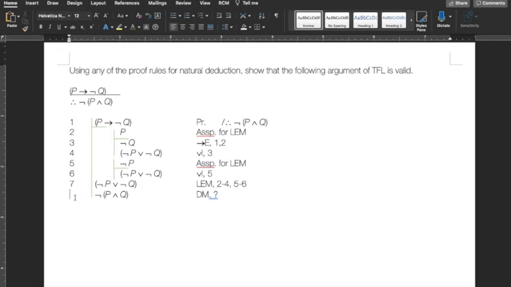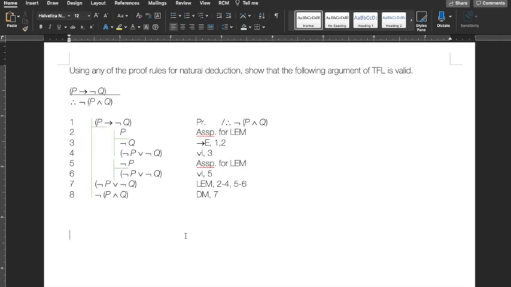And then line 8 allowed me to simply apply De Morgan's rules to get this negation of a conjunction. And my proof is done.